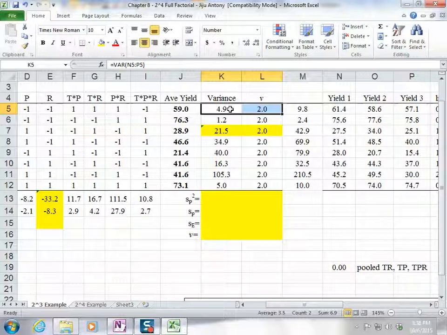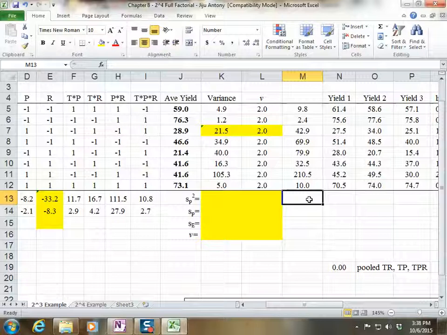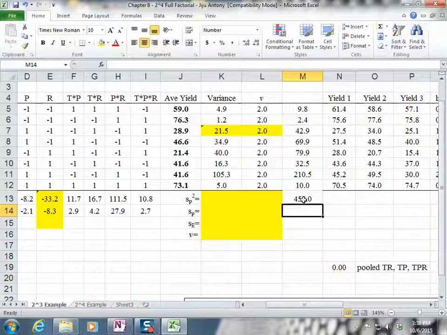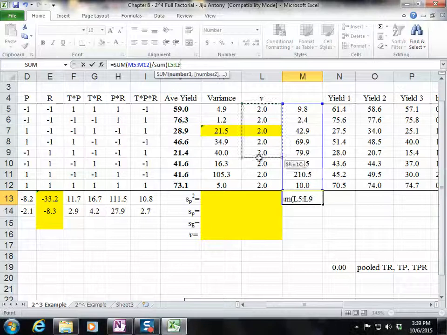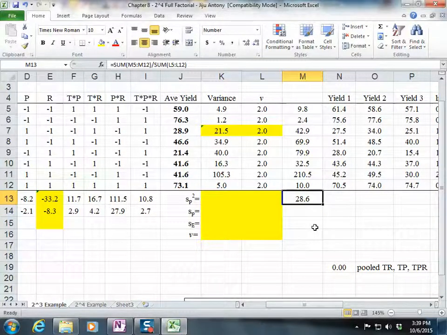This variance came from 3 data points, so n minus 1, 2 degrees of freedom for each experiment. For a pooled variance, we take this times this, add up all those, and divide by the sum of all those, 16. So SP squared should be 28.6-ish.